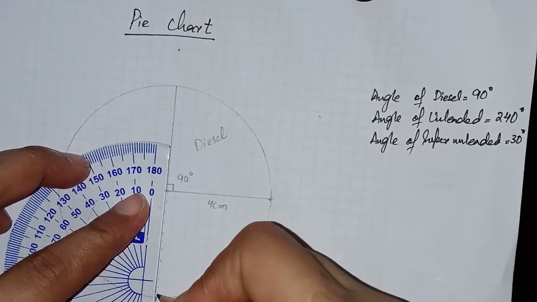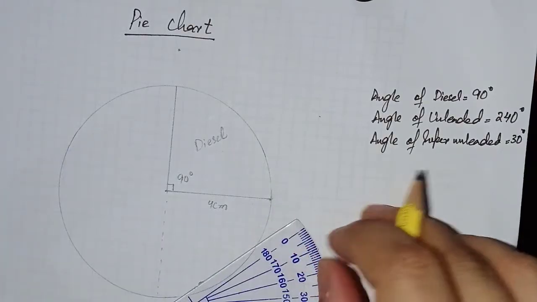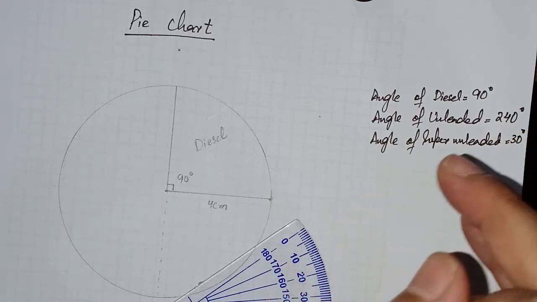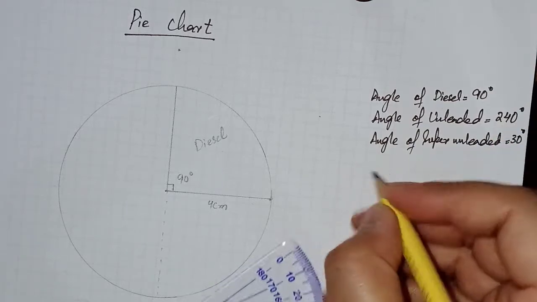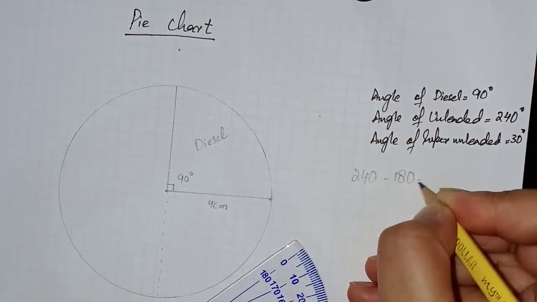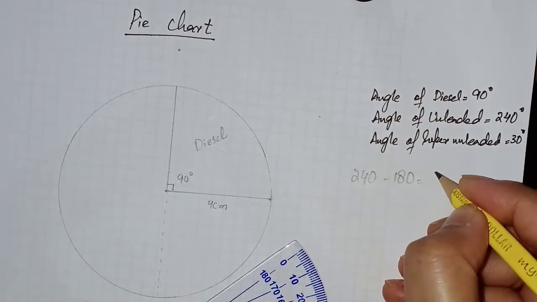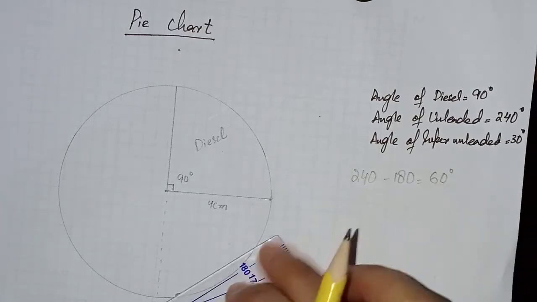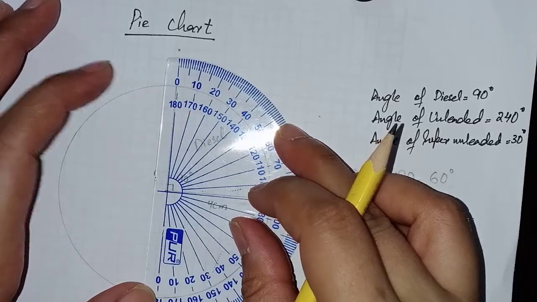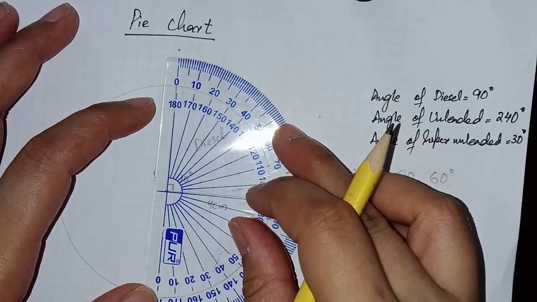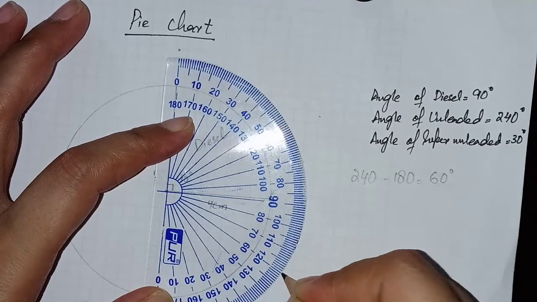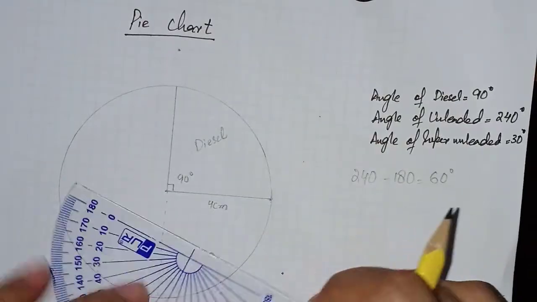If I draw this imaginary line, then how much is left from 240? If we have already drawn 180 degrees, how much is left? If we subtract 180 from 240, how much is left? It's 60 degrees. So it means from this line we will mark 60 more degrees to complete the 240 degrees.